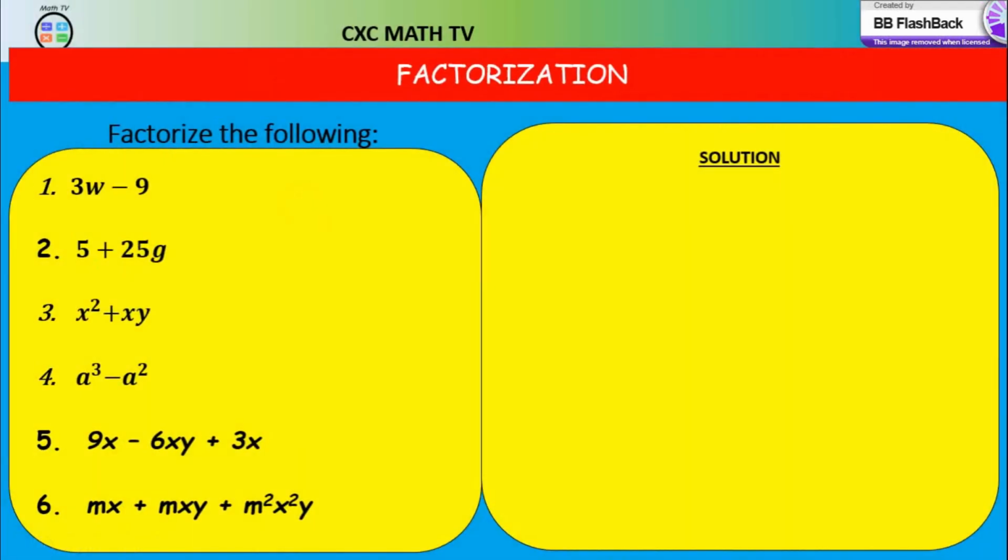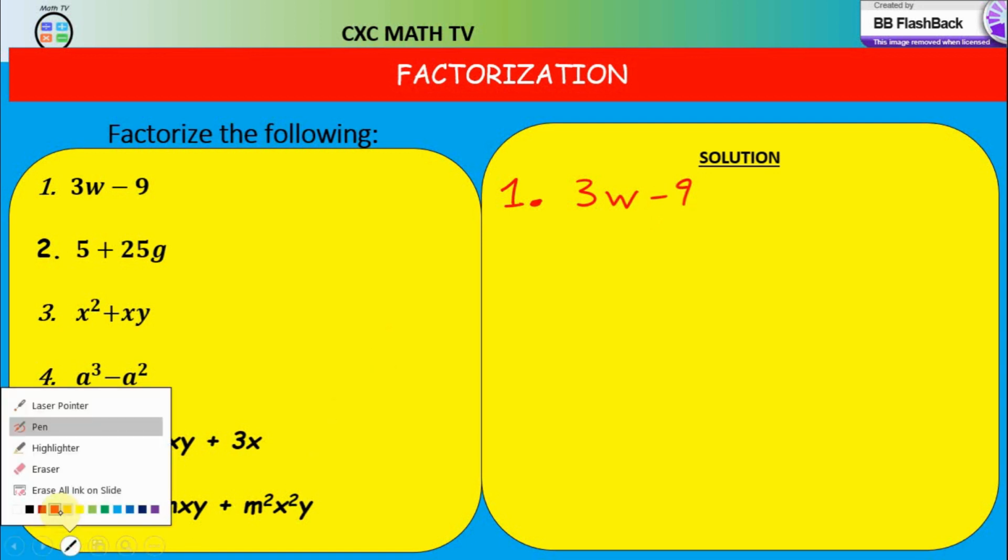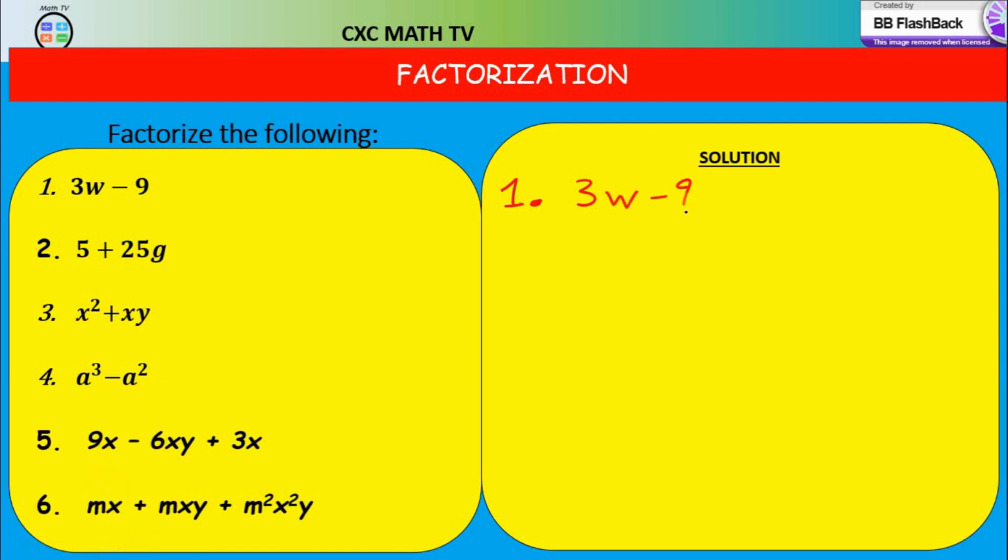Here are a couple more examples we're going to try. It says factorize the following. Let's do the first three together, and then you can do the remainder on your own. For the first one, step one is to identify the highest common factor. The highest common factor between these two terms is 3, so we take out 3 and divide both terms by 3.